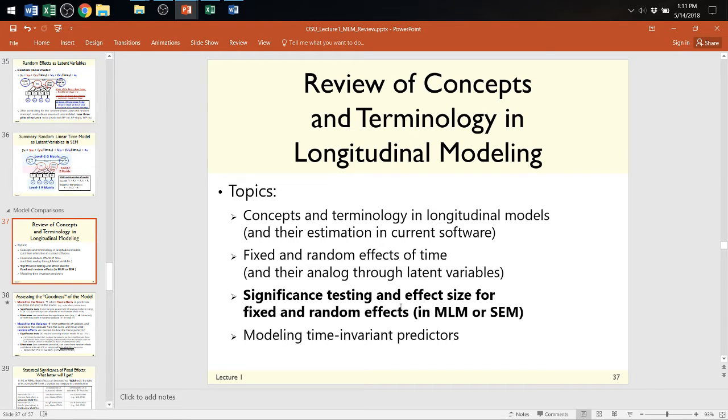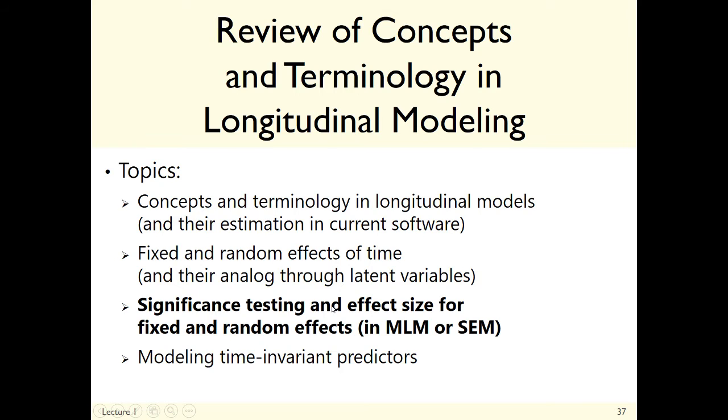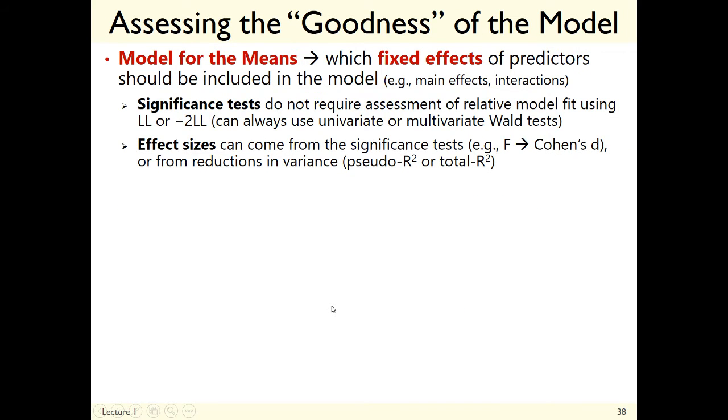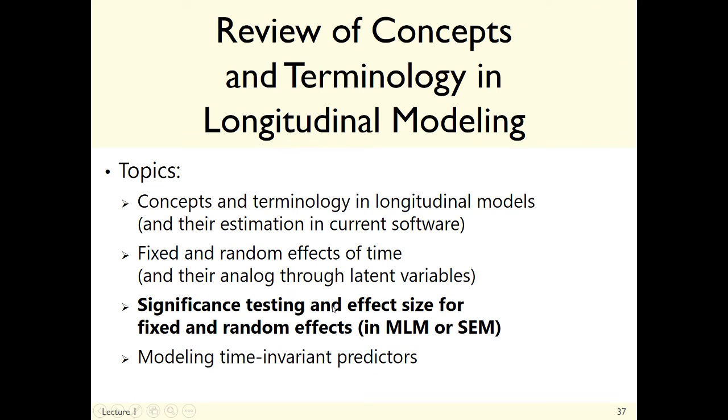So I wanted to pick up there, if that's all right. So I'm on slide 37. I've said some of this stuff already, and I just want to make sure that because it is sort of things that I'm assuming you know how to do, that that's actually the case. So we're in Lecture 1, slide 37.